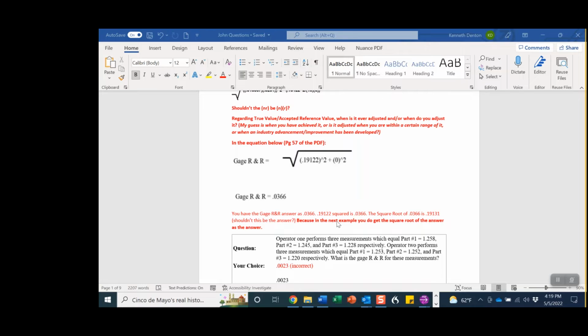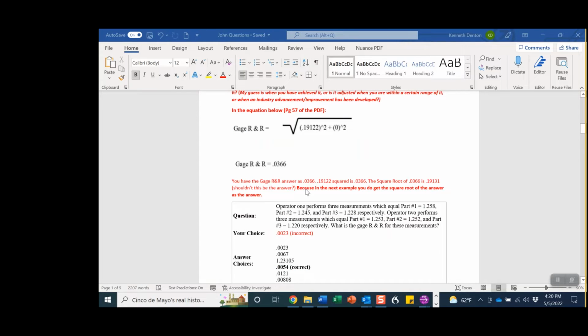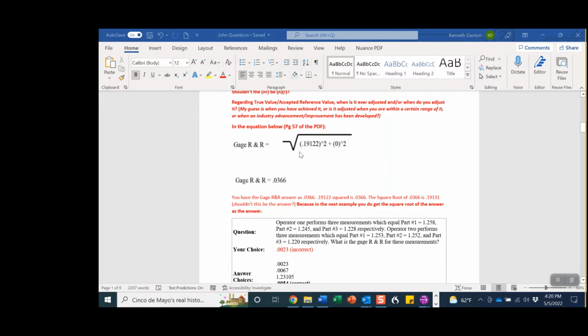So what was your question? I did this one a little while back, and I'm trying to remember exactly the point I was trying to make. You squared that and then you get the square root of that answer. Maybe that's what I was thinking.